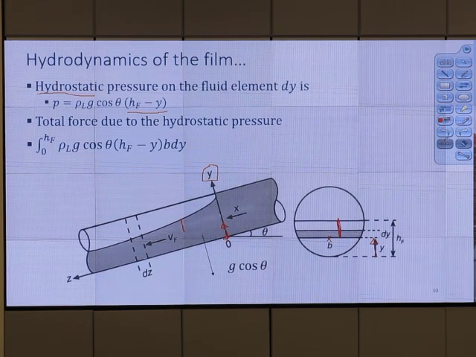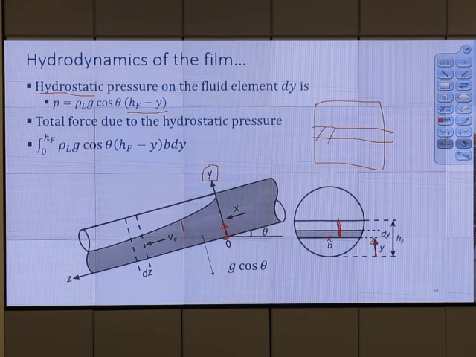If we have this layer, we want to know how much force this layer exerts on another fluid next to it. So it's the pressure multiplied by that area, and that area is B dy.